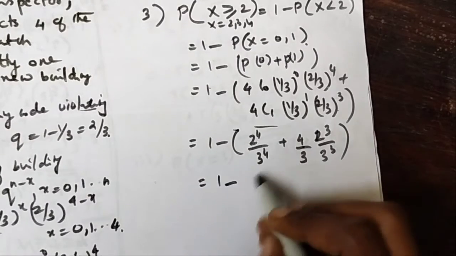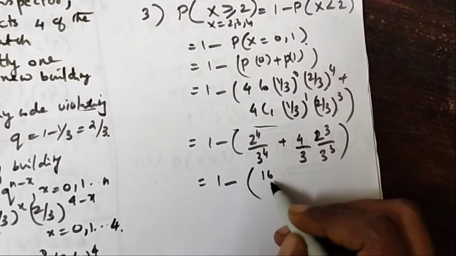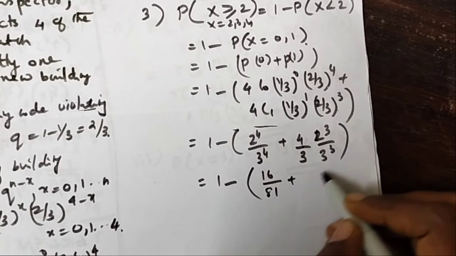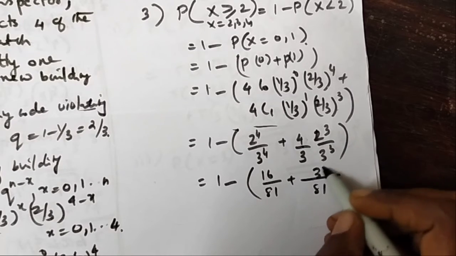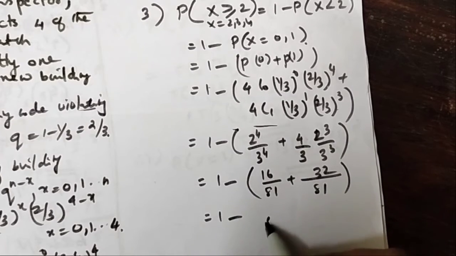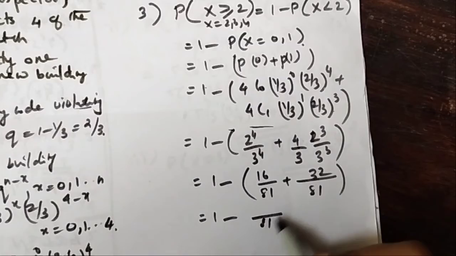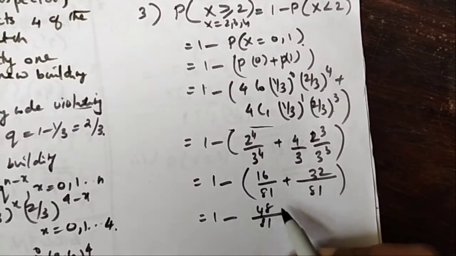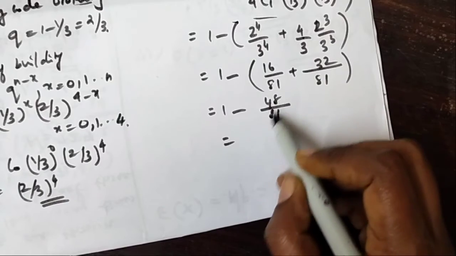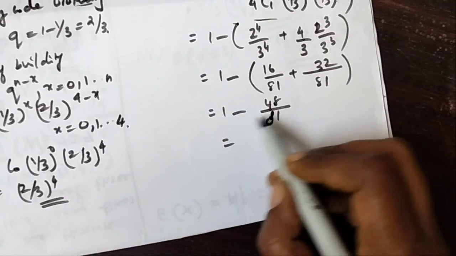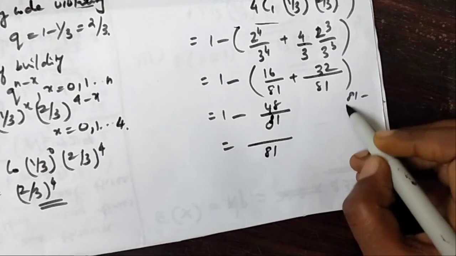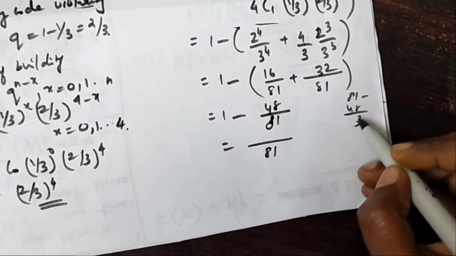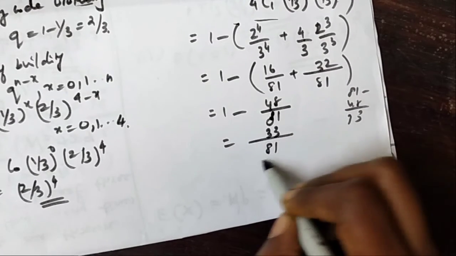So it is 1 minus 16 by 81 plus here also 32 by 81. So it is 1 minus 48 by 81. Okay. So it is 1 minus 48 by 81, which is 81 minus 48, 33 by 81. Okay.